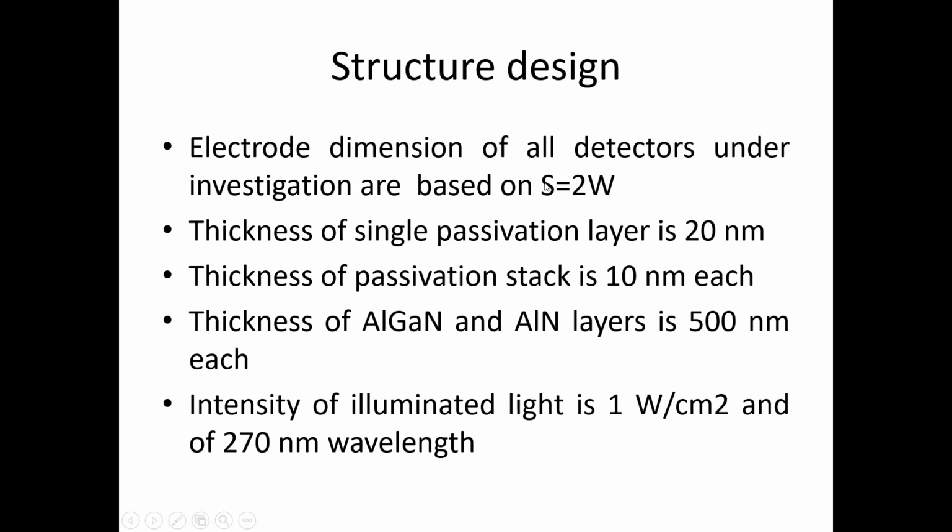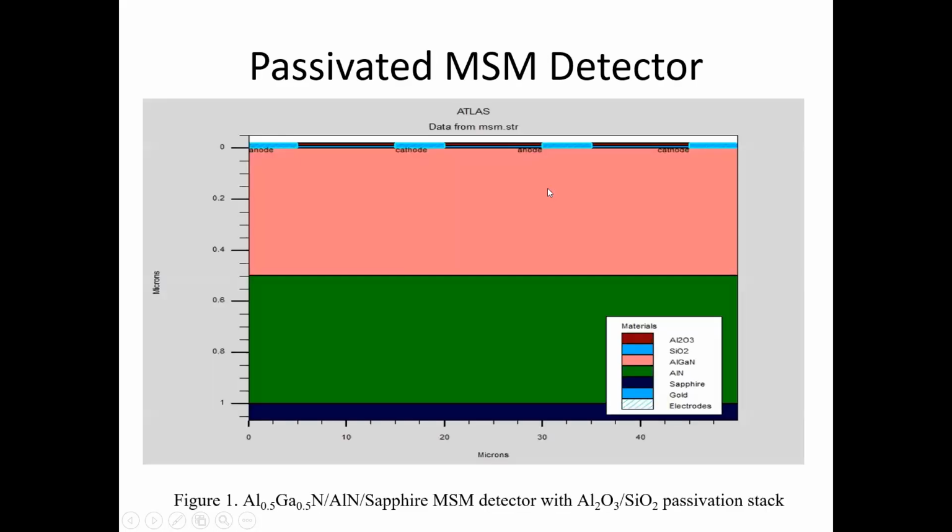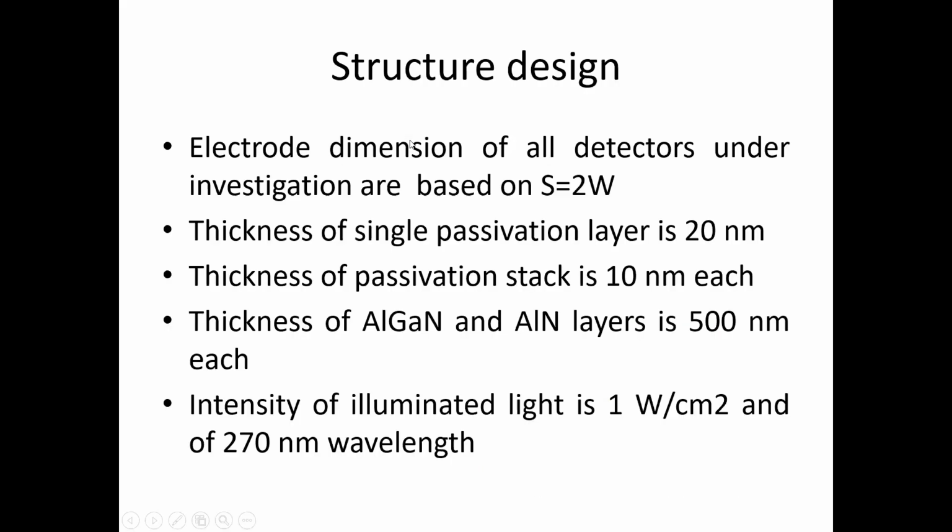S is the spacing between metal electrodes, anode and cathode, and W is the width of the metal electrodes. So we have utilized double spacing just to decrease the dark current.